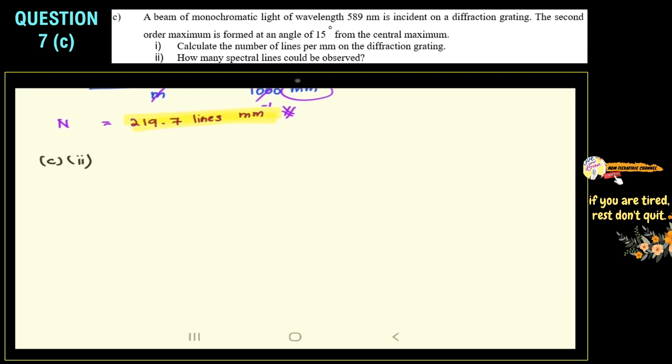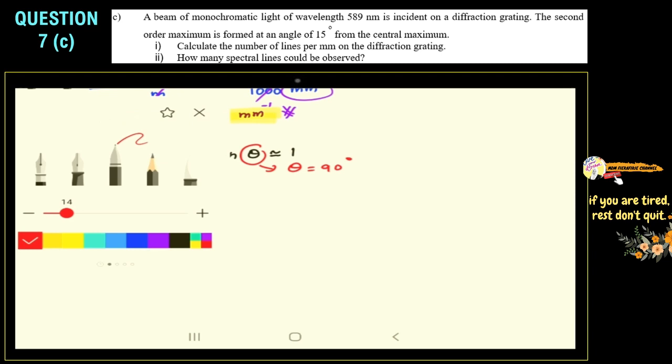In order to calculate the maximum number of lines that we can observe on the screen, we need to consider that the angle theta is 90 degree. So dia akan jadi sin theta, we assume it's equal to 1. Okay, so we will take this angle as the maximum angle, which is equal to 90 degree.